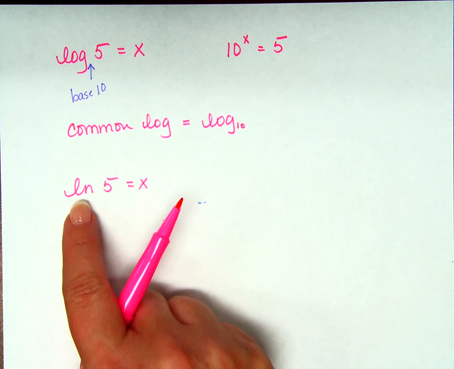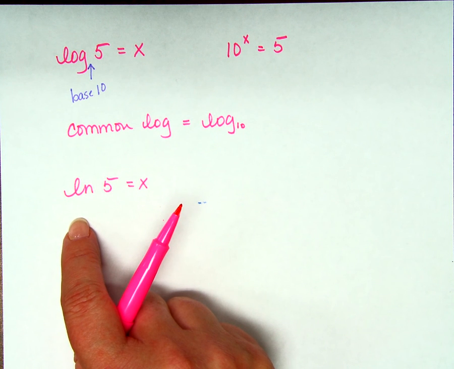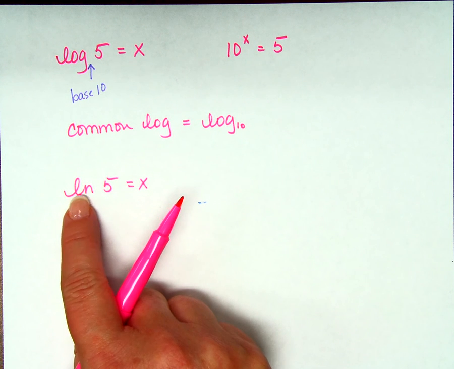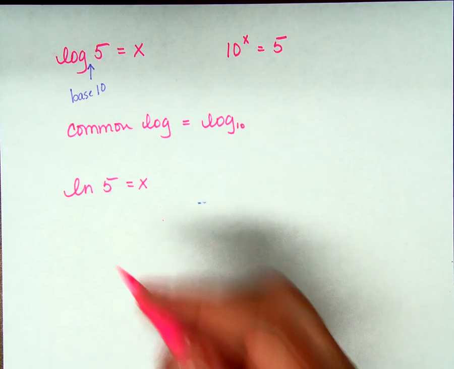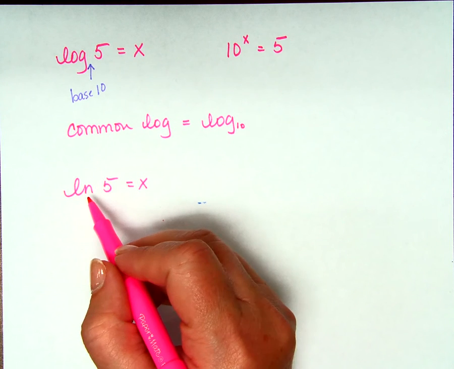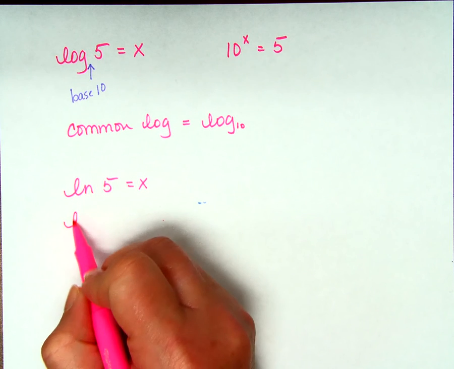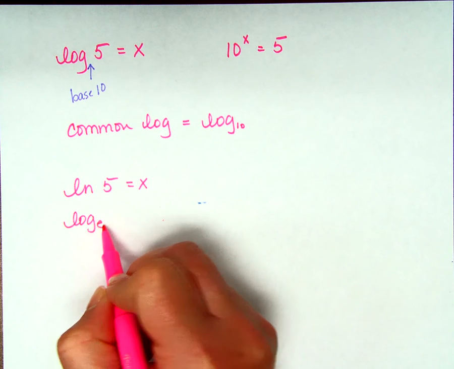Or probably not, I just made that up. Okay, LN, right? No, I didn't make up LN. LN's a thing, right? I just made up the French part. Okay? But what does this mean?